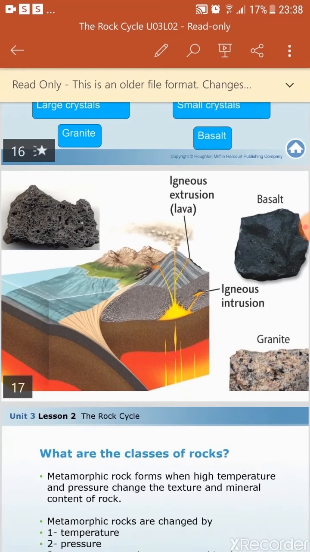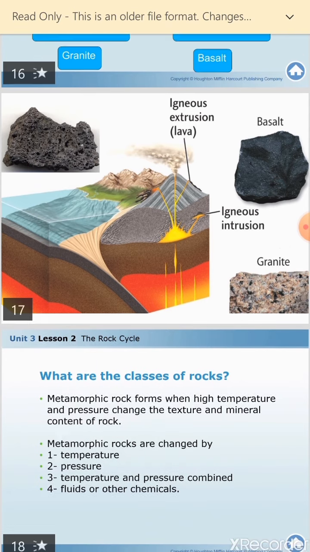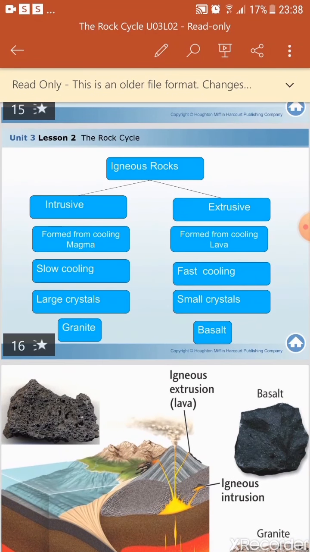But if it cools slowly under the ground, as in the granite from magma, the grains or the fragments will be bigger, as in the granite. So you can depend on this chart that I prepared for you.